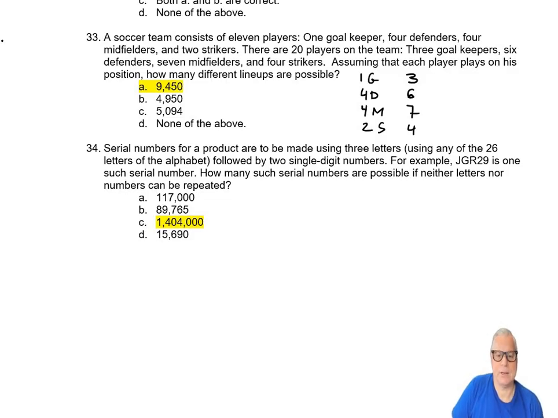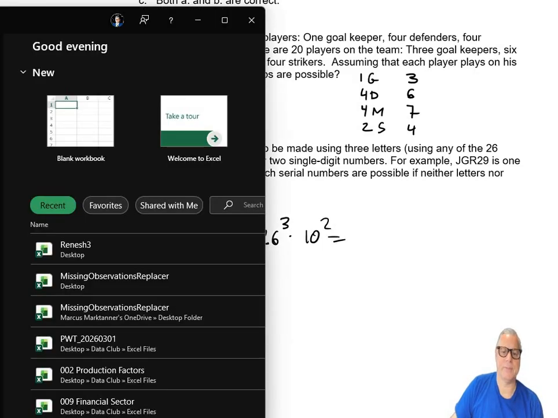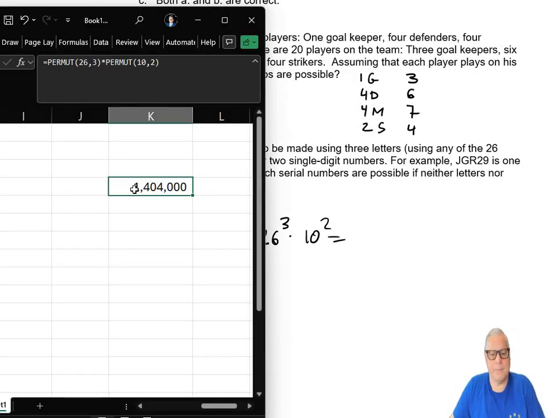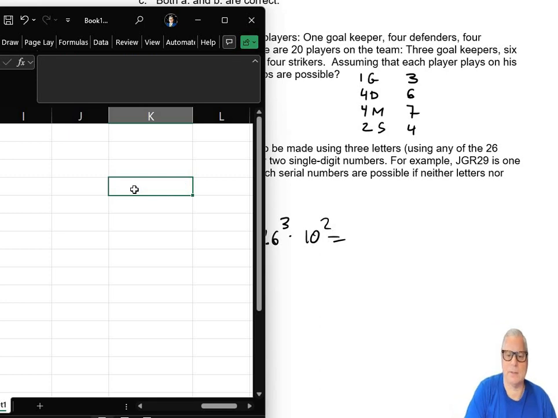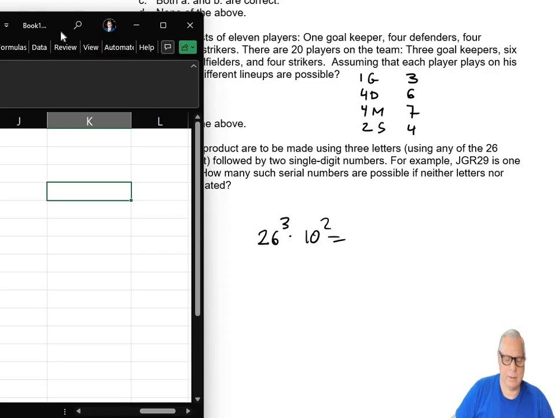Then we would have 26 raised to the 3 times 10 raised to the 2, or 100.